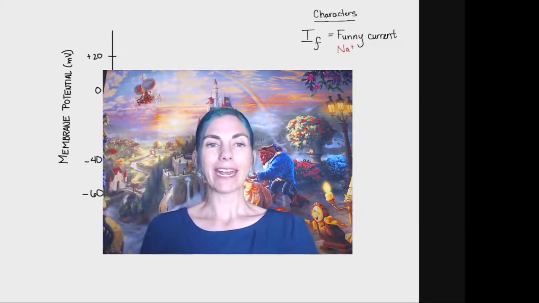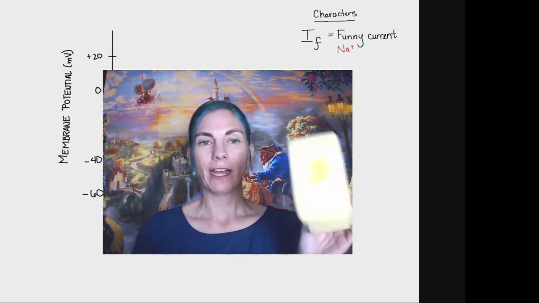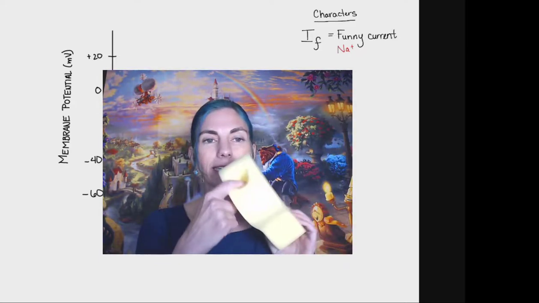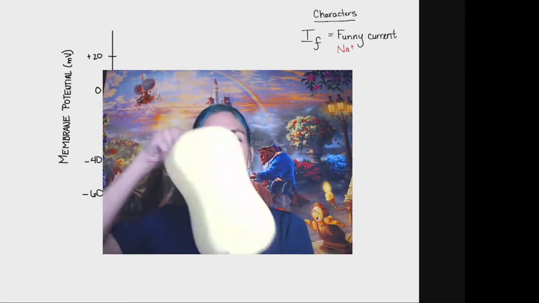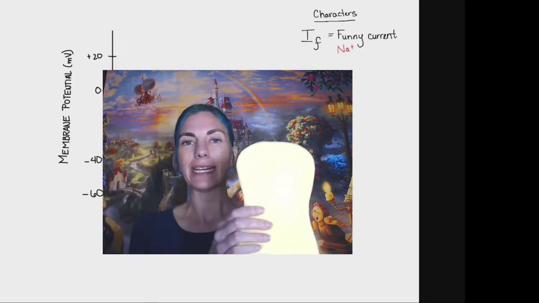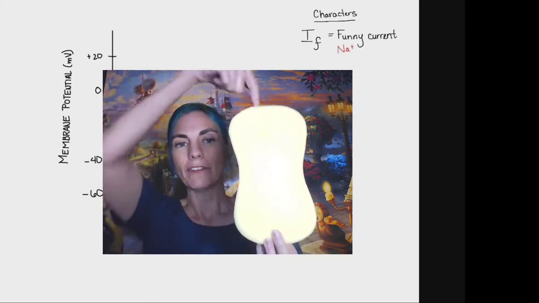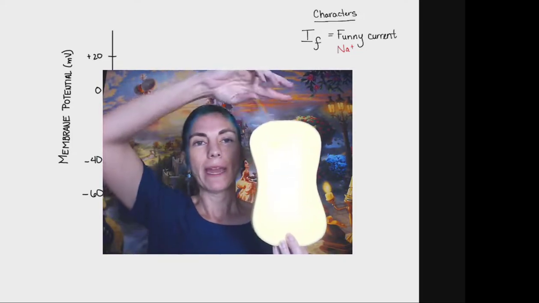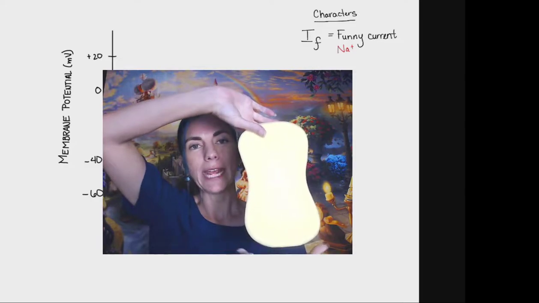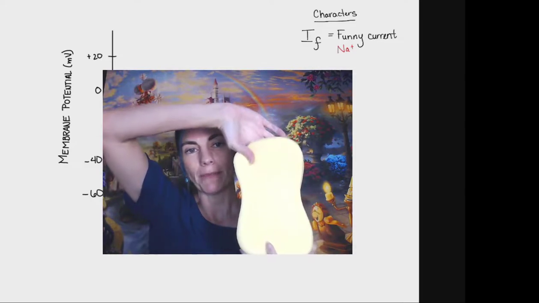So now let's take a look at these funny channels. I'm going to use my little car wash sponge here. I don't know if you guys can see it, but I've actually got holes on both sides. So there's a hole that goes all the way through. And so you can kind of envision that in this way with the core, it's very permeable, right? So ions can go all the way through pretty easily. But now, what if I were to take this channel and start doing something like this?